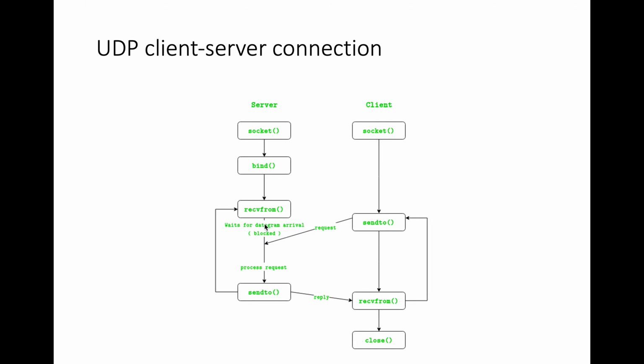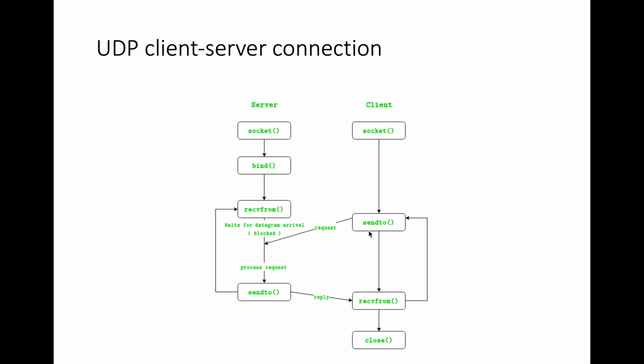At this point, the receive from message was blocking the UDP server, so we'll be stuck here until that client sends us a message, and then when we receive that message, we'll send back the reply to the client, and then do the same thing again and again, receiving and sending. That's why it's called UDP echo, just like TCP echo.